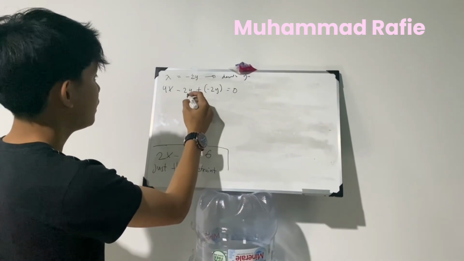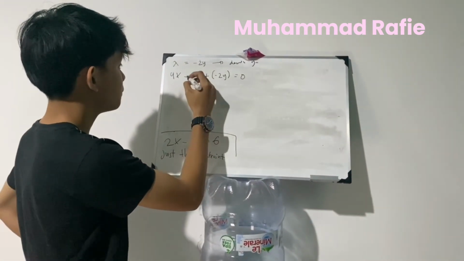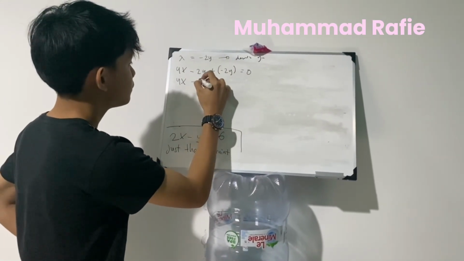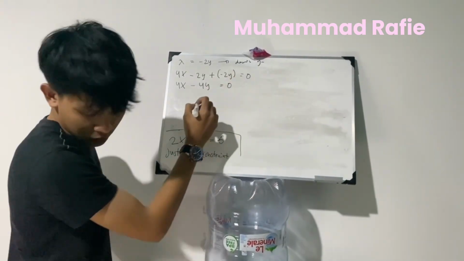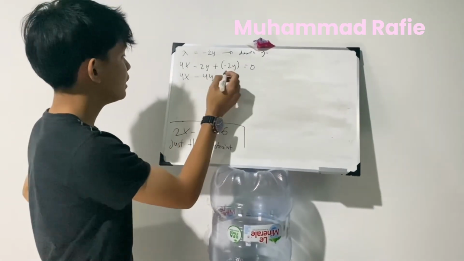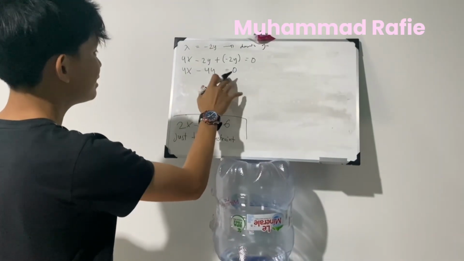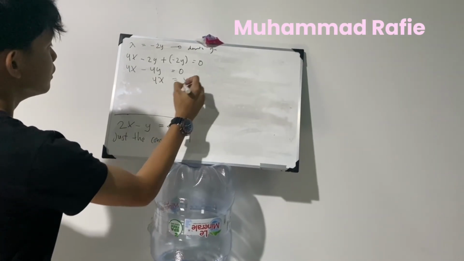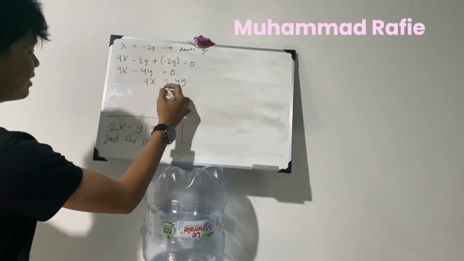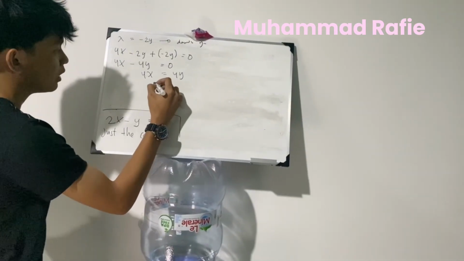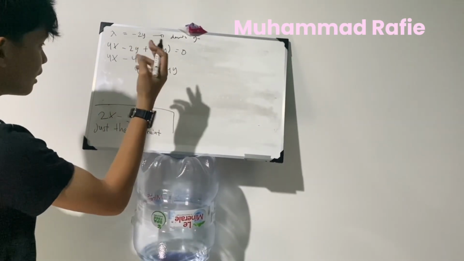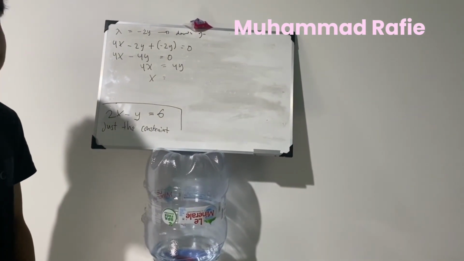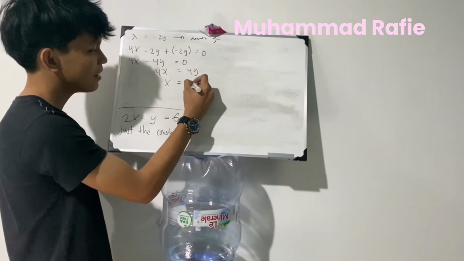So 4x minus 2y plus 2y... 4x minus 4y equals 0. We put the y on the right side, so 4x equals 4y. So x and y are the same number: x equals y.